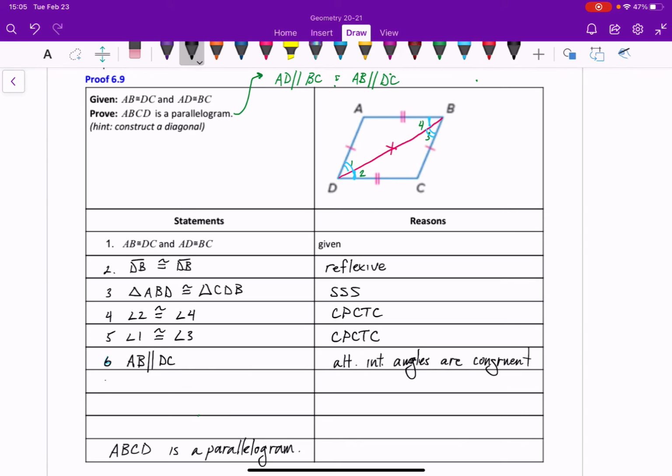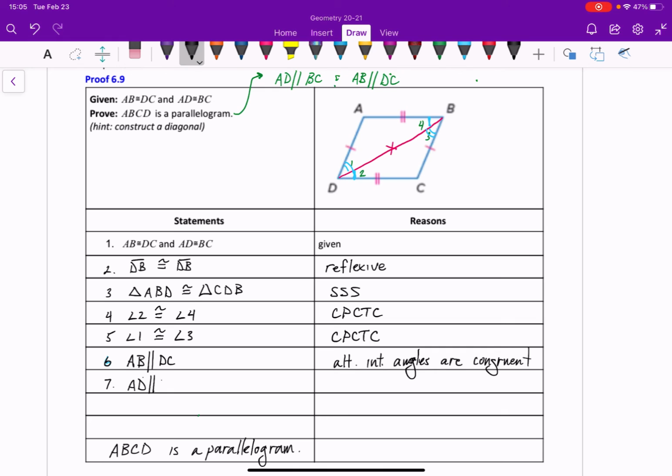I can make a similar argument: because angles 1 and 3 are congruent, they form alternate interior angles for AD and BC.